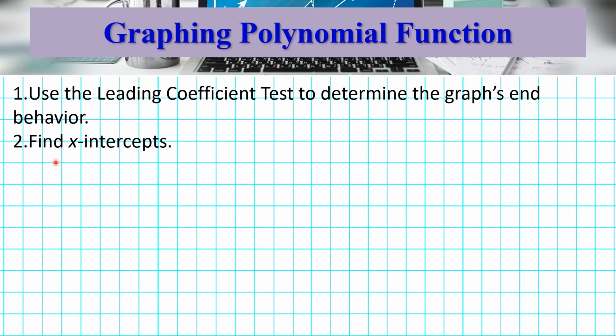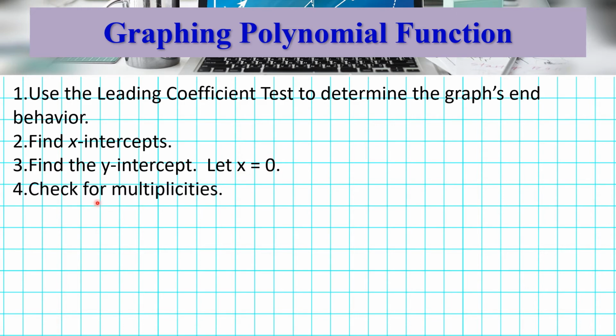Pangalawa, find the x-intercept. Siyempre, kailangan alamin mo muna kung saan magta-touch yung graph mo sa x-axis. Number 3, you need to find the y-intercept. Ito naman yung point kung saan magta-touch yung graph sa y-axis, wherein yung x natin dito sa y-intercept is always equal to 0. So, para ma-solve yung y-intercept, gawin mong x is equal to 0 and then simplify.